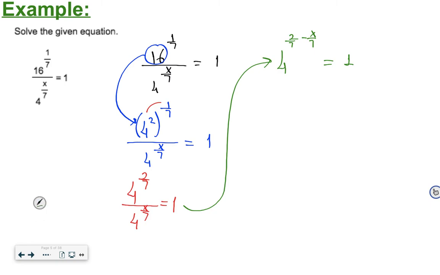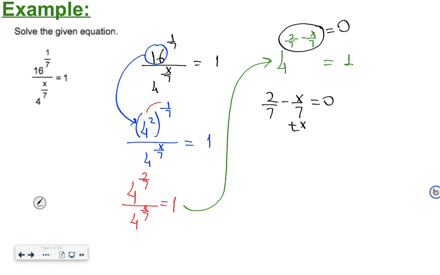What number to the power of what is going to be equal to 1? If you get 0 power of any number, you are going to get the answer 1. So you are going to expect this power is equal to 0. So 2 over 7 minus x over 7 is equal to 0.